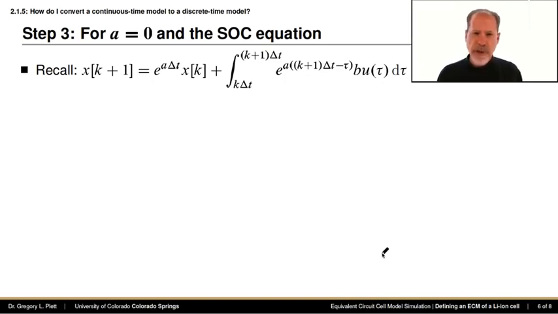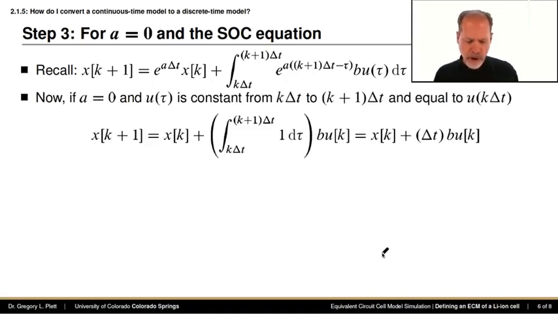Here's the same result that we had before, so nothing's changed yet. But now we will assume a equals 0, and we will assume again that the input is constant over the sampling interval. It might change between samples, but for any particular sampling interval it's constant and equal to u of k delta t.